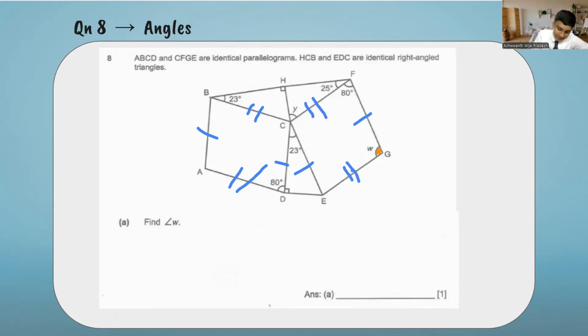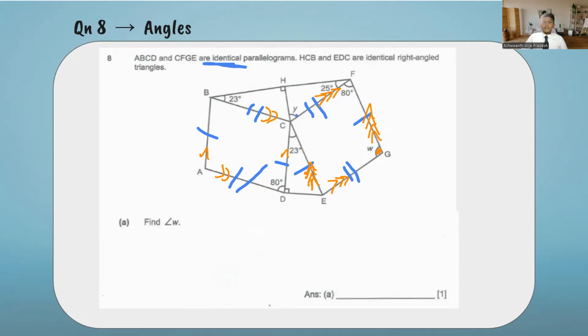And this is parallel to this, parallel to this, and this is parallel to this. Because they are identical. Remember, keywords matter. So identical parallelograms. And do you remember properties of a parallelogram?